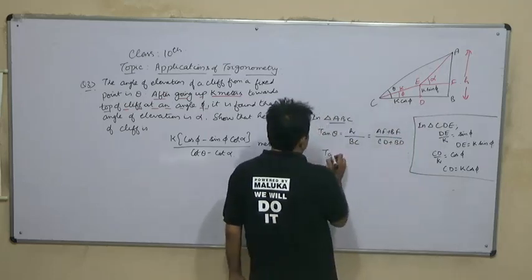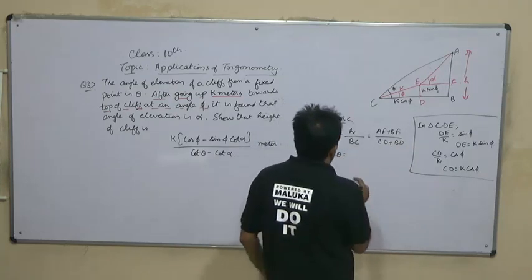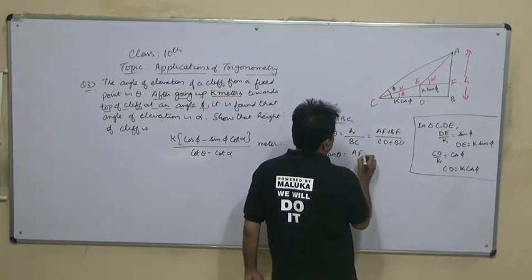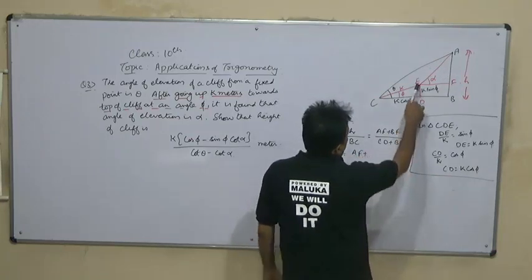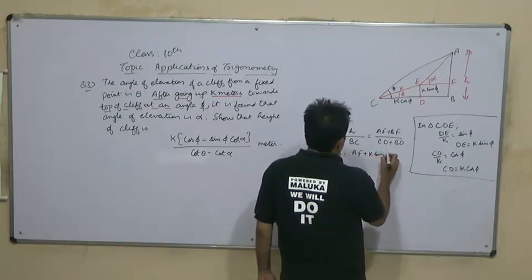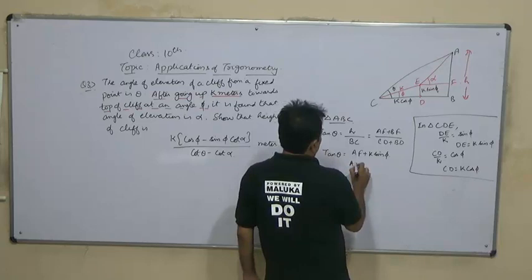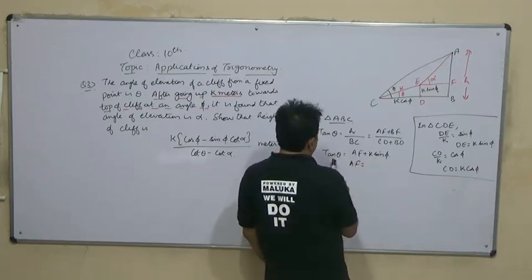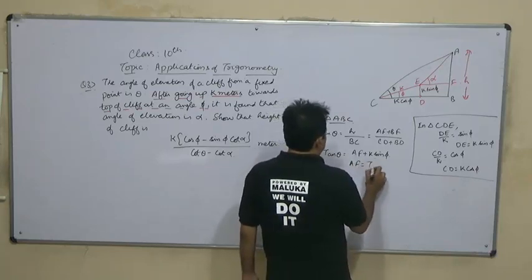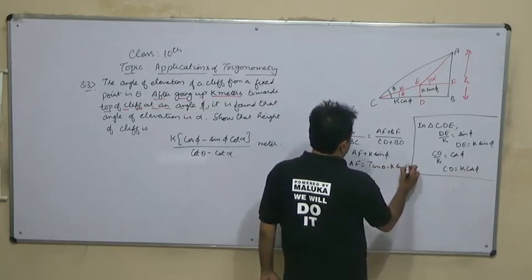Tangent theta is equal to AF plus BF, where BF is the same as DE, that is K sin phi.